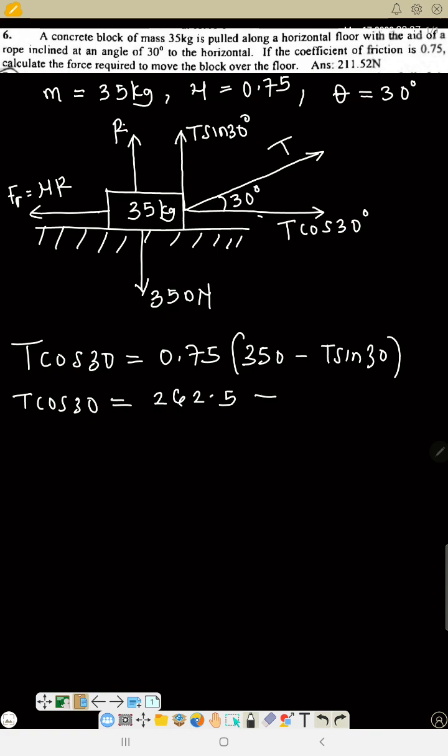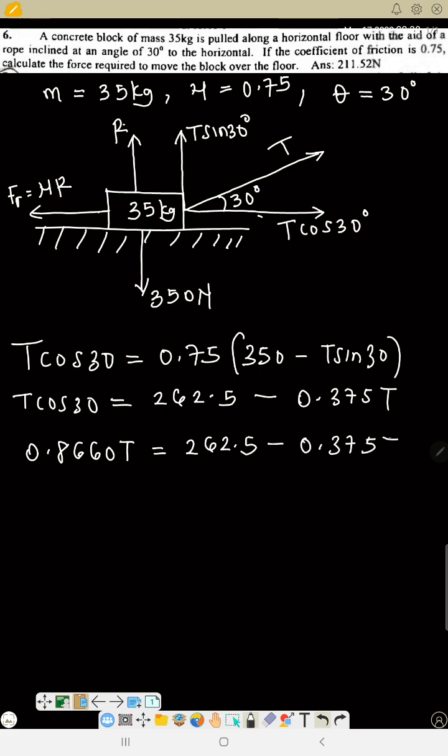We are expanding, so that is 0.75 sine 30, that is 0.375T. Now put cos 30 also, so that is 0.8660T equals 262.5 minus 0.375T. So collect like terms now.